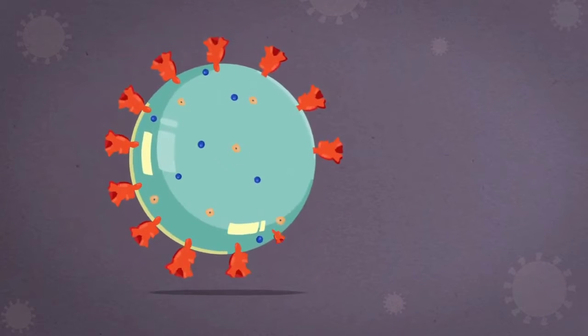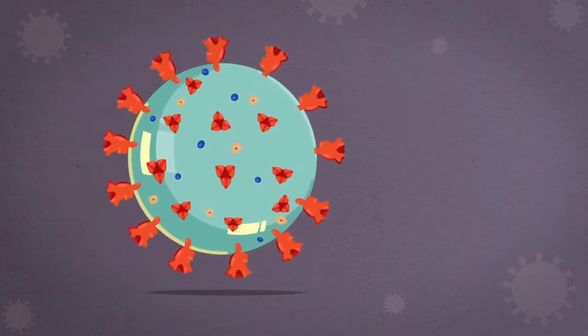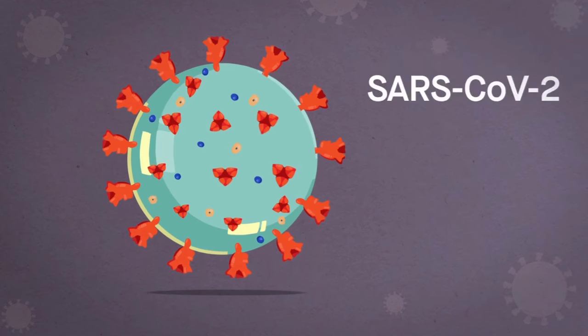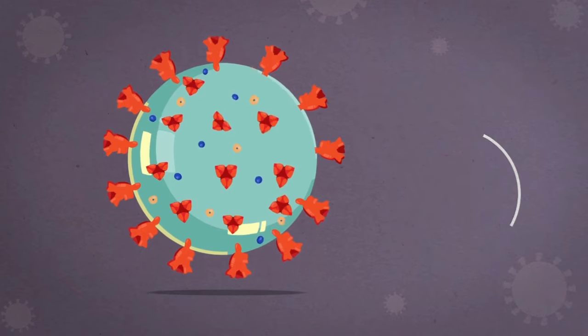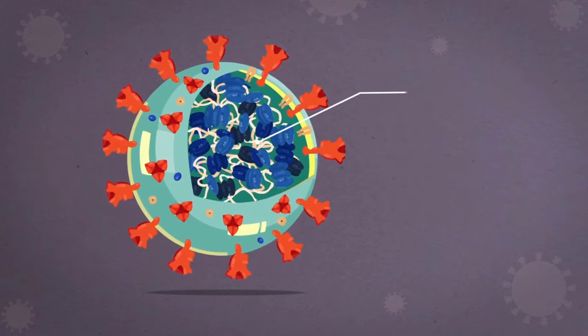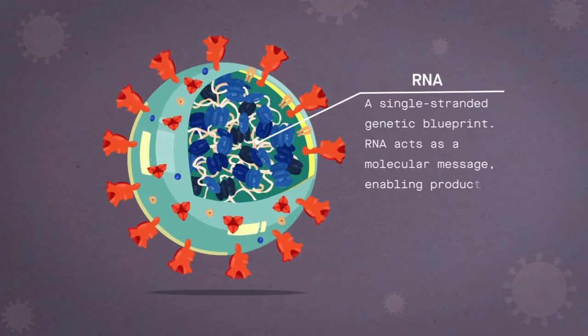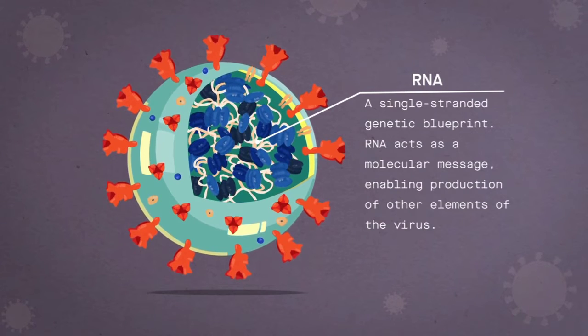Coronaviruses are a large family of viruses, some of which infect humans. The coronavirus at the root of COVID-19 is the newest known member of this family. And like other coronaviruses that infect people, the new coronavirus causes respiratory disease, among other symptoms. At their core, coronaviruses contain a genetic blueprint called RNA, similar to DNA.